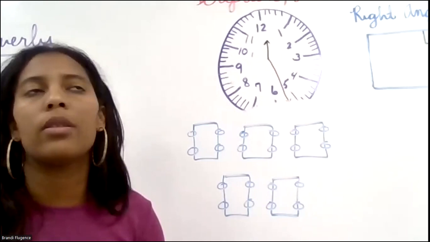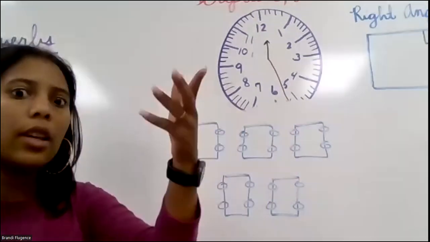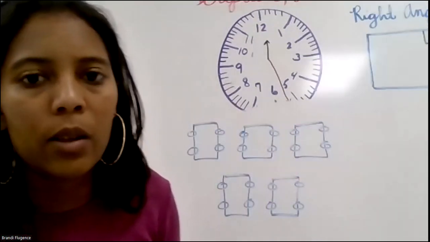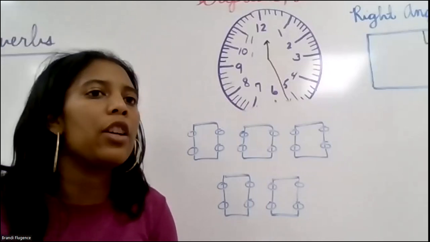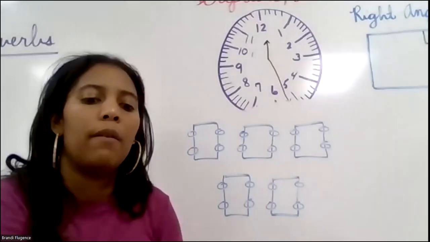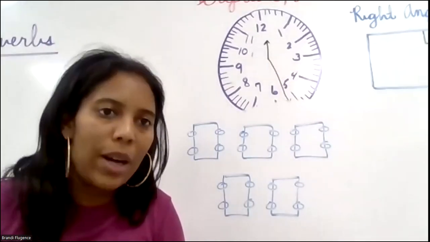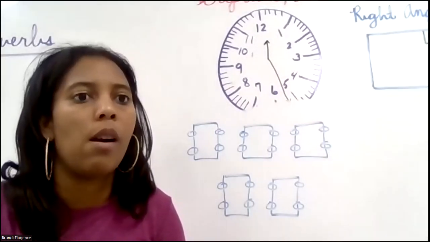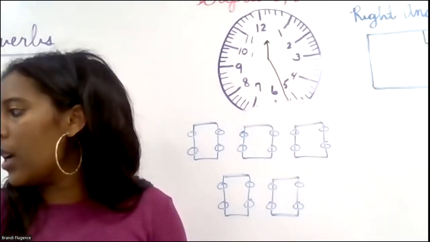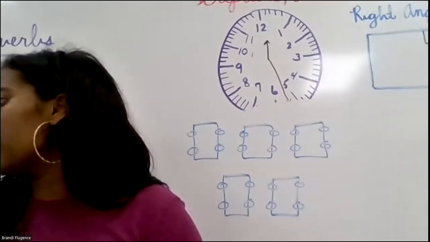It's 4 wheels. Thank you. 20. It's 20 wheels. So your multiplication fact underneath would be 5 times 4 wheels equals 20 wheels.